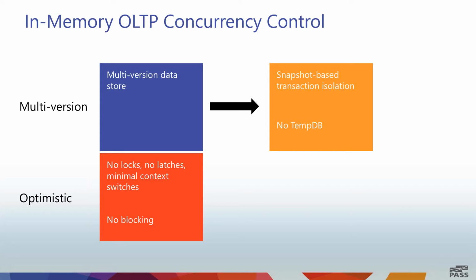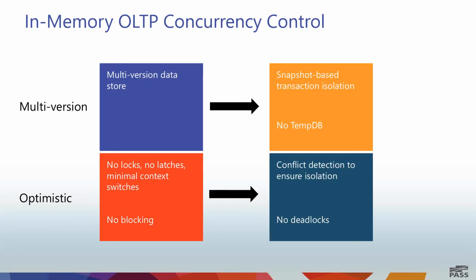A context switch is when you have a thread executing on the core, and you change the context to start execution of another thread on the core. And we have seen that a single context switch can be more expensive than the entire execution of an OLTP style transaction.